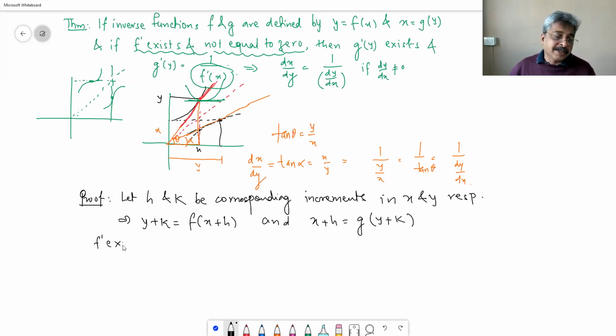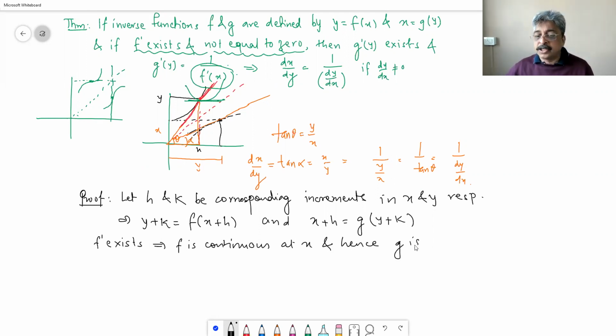F dash exists implies f is continuous at x, and hence g is continuous at y.